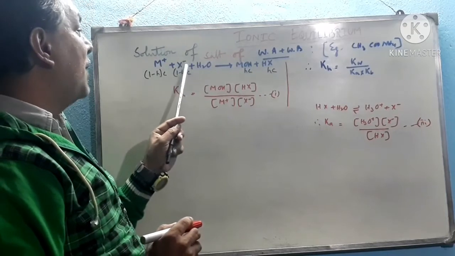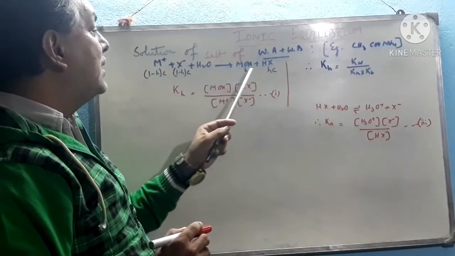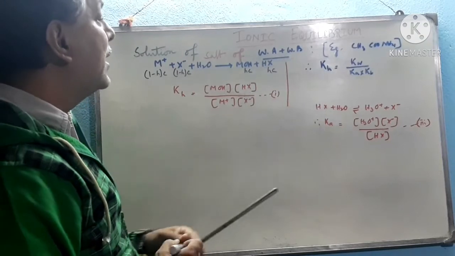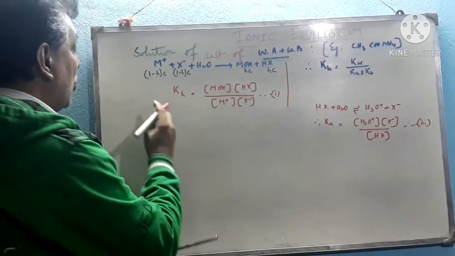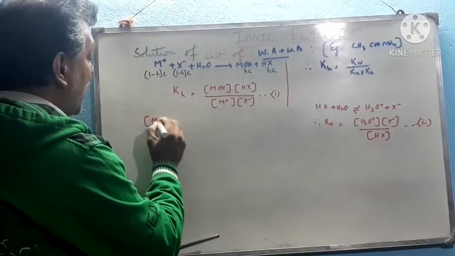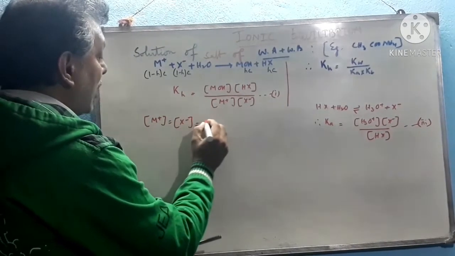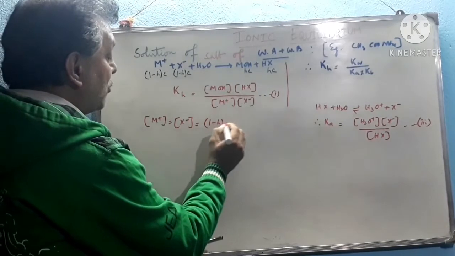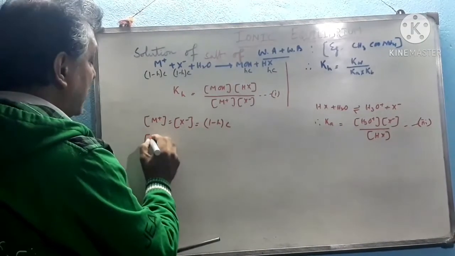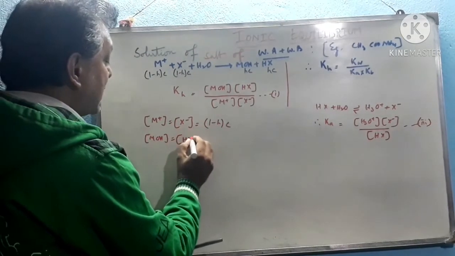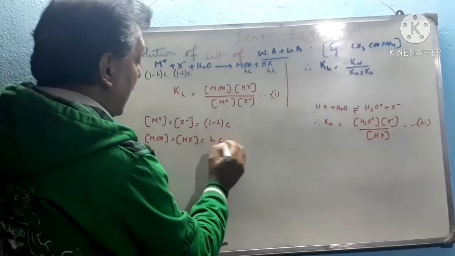1 minus h into C is the concentration of X minus, and for MOH it becomes Ch, and for HX, which is a weak acid, it becomes Ch. So we can write here the concentration of M plus is equal to the concentration of X minus is equal to 1 minus h into C, and the concentration of MOH is equal to the concentration of HX is equal to Ch.